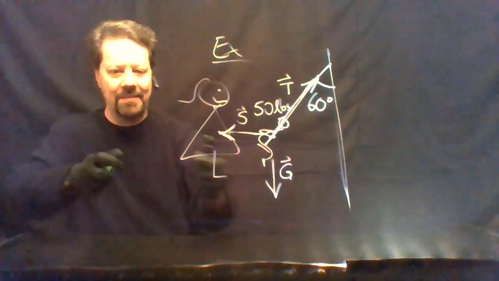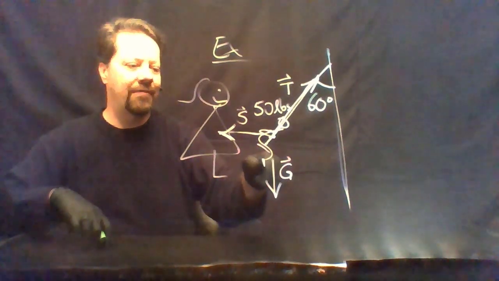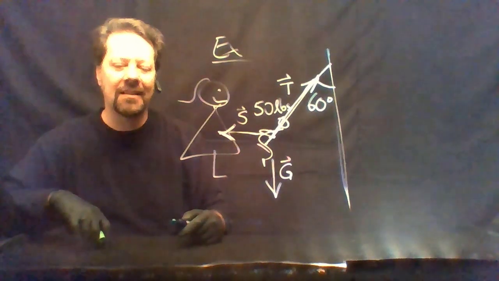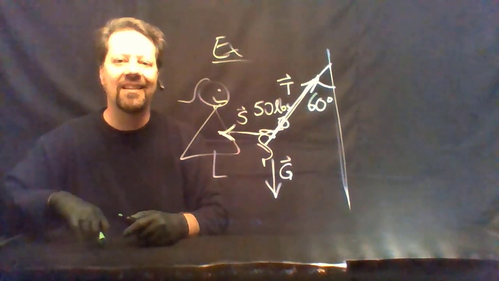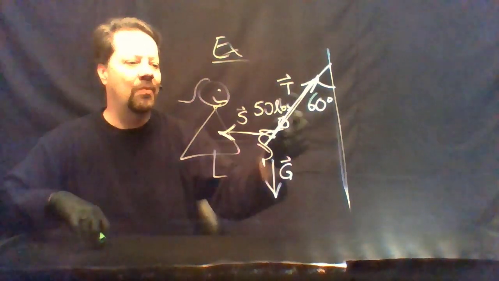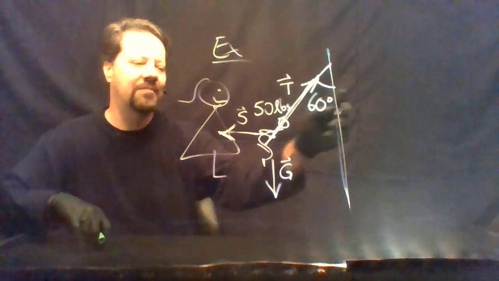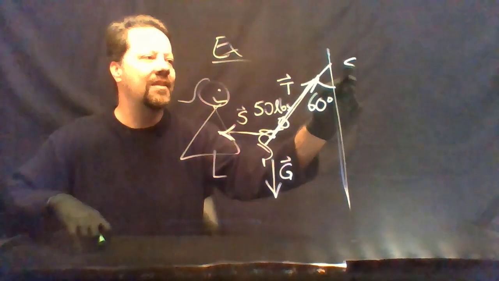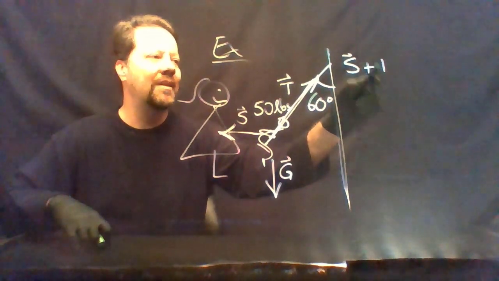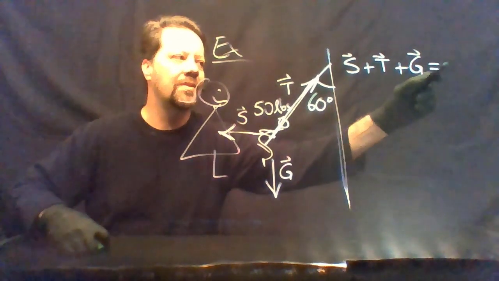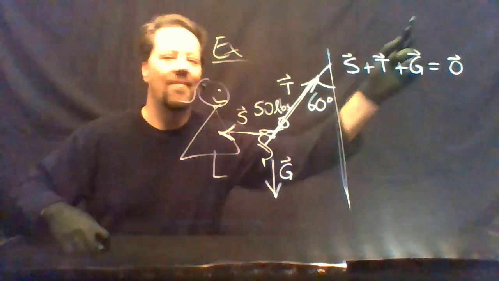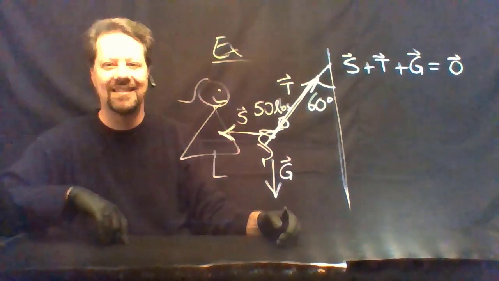And if the child is just being dangled there, feet dangling in the air, not being allowed to swing back and forth, just motionless, then we have a statics problem. The sister force plus the tension force plus the gravitational force must equal the zero vector.